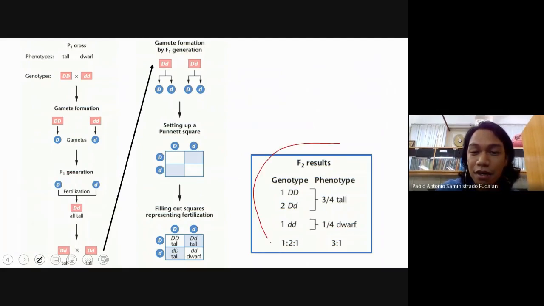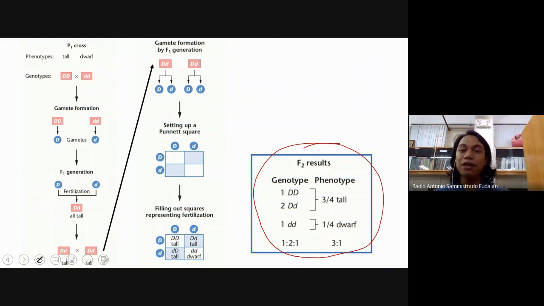Focus on the ratio here on the lower right, the F2 generation of the monohybrid cross. So these are the results. Genotypically, there is a 1 is to 2 is to 1 ratio: 1 big D homozygous dominant, 2 big D small d or hybrids, monohybrids, and 1 small d homozygous recessive.